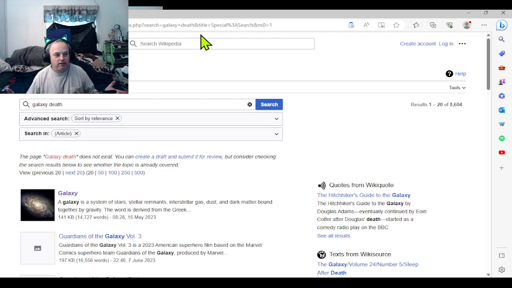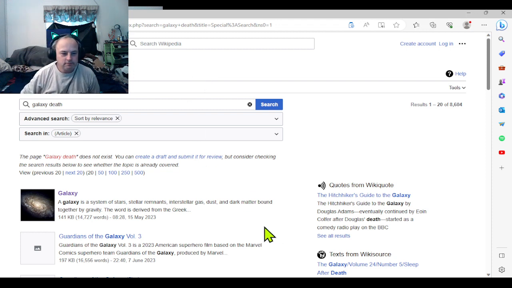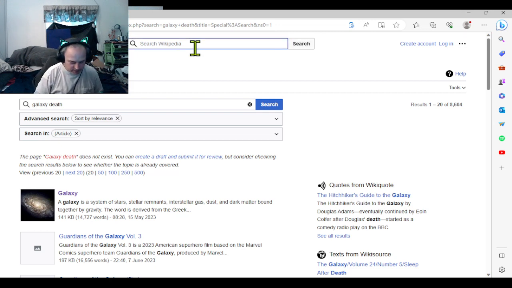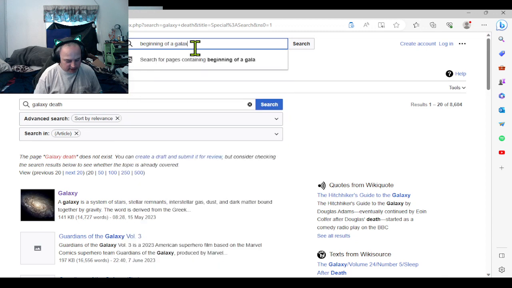Galaxy death? Galaxy death does not exist either, because the reason why the birth and death doesn't exist is because they don't want to talk about it. They don't want to talk about the death of a galaxy or the birth of a galaxy because they don't know. Okay? And what about different words? Beginning of a galaxy.